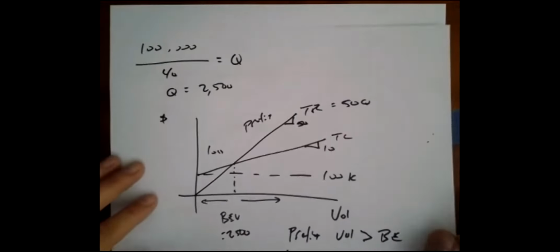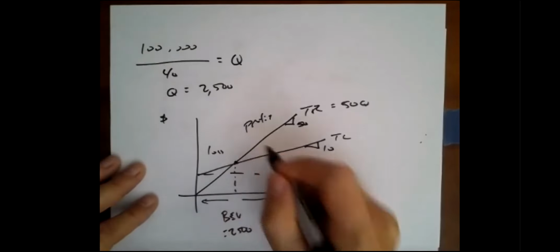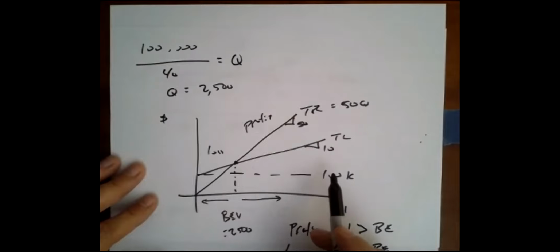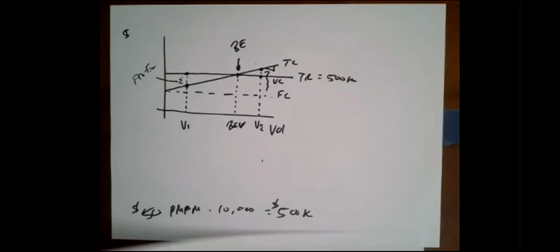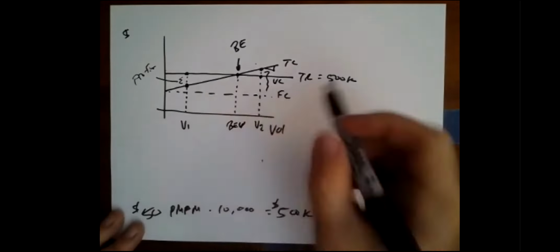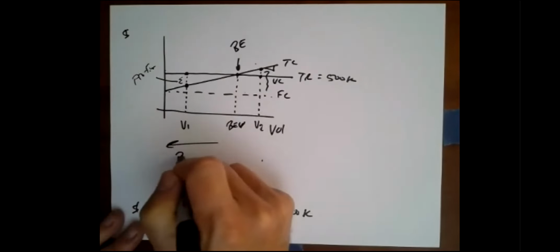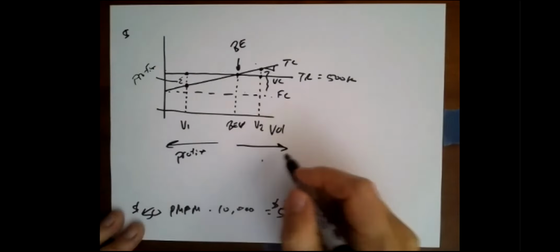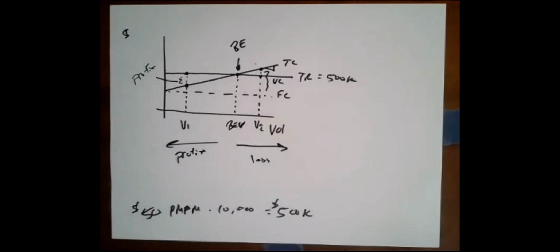Before, we had a loss to the left of break-even volume and a profit to the right of break-even volume. Now we have profit to the left and loss to the right.